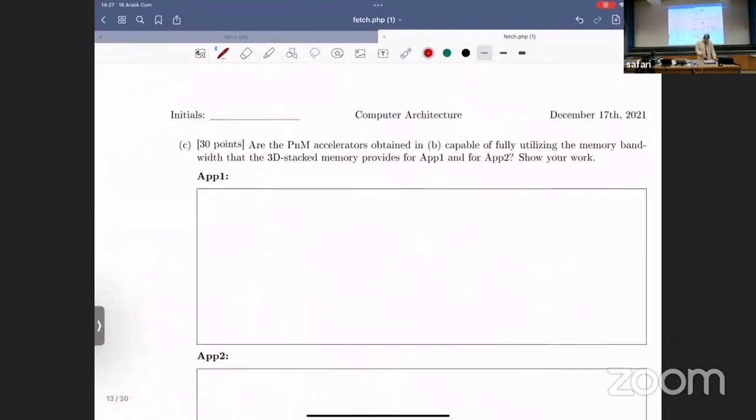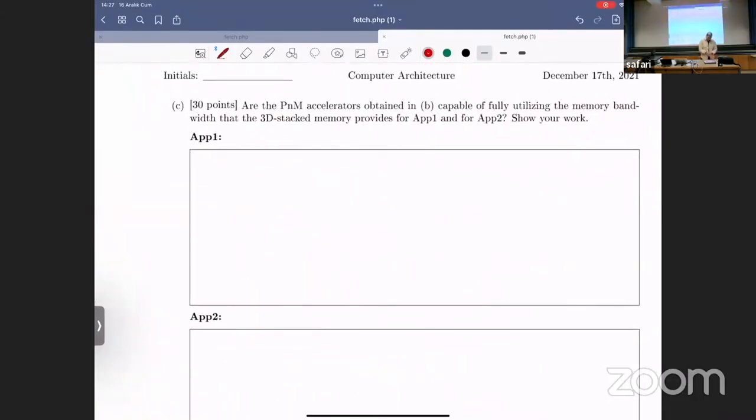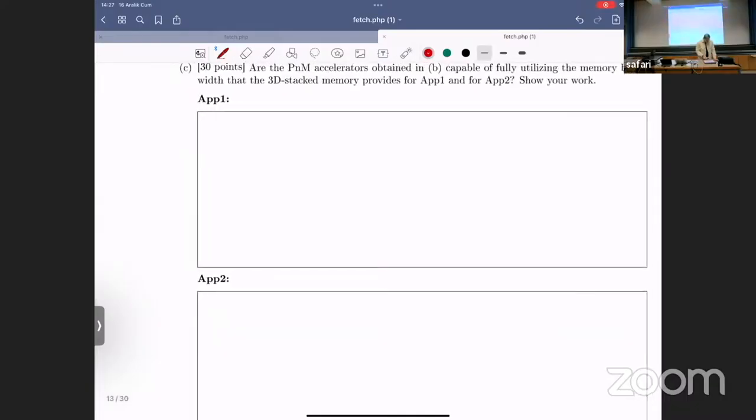Okay. And then it asks, are the processing accelerators obtained in B capable of fully utilizing the memory bandwidth of the 3D stack memory provided in application 1 and application 2? So the memory that you have gives you 40 gigabytes per second of bandwidth, right?